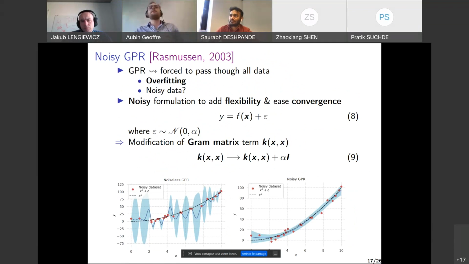Okay, so here Kxx basically corresponds to the variance in the data. So if you are not putting any noise, then your Gaussian process is forced to pass through all the data. So what this adds is just flexibility on this data.